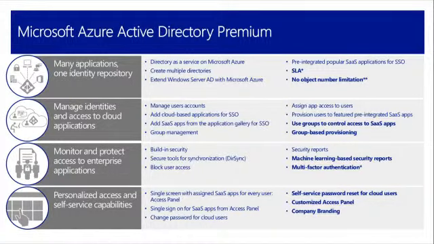Check out what's bolded. You get the SLAs. There's no object number limitation, though in SMB, I think the limitation is 500,000 for directory sync, so it doesn't really come into play anyway. You get better group provisioning and group control for IT, as you would expect with premium. I think the most important thing you get with premium is multi-factor authentication, two-factor authentication.